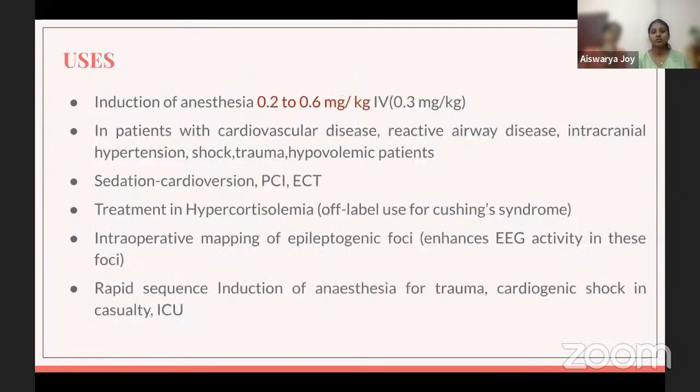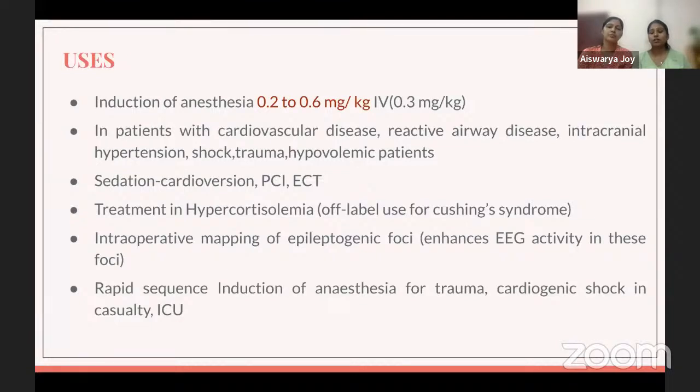Coming to its uses, induction of anesthesia at a dose of 0.2 to 0.6 mg per kg, most commonly used as 0.3 mg per kg, in patients with cardiovascular disease, reactive airway disease, intracranial hypertension, in shock patients, trauma and hypovolemic patients, in giving sedation for cardioversion, percutaneous coronary intervention, ECT, and in treatment of hypercortisolemia.